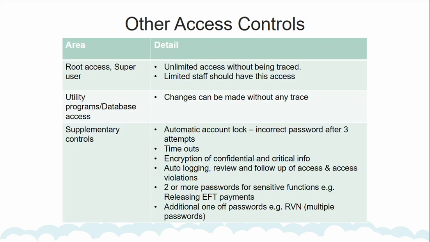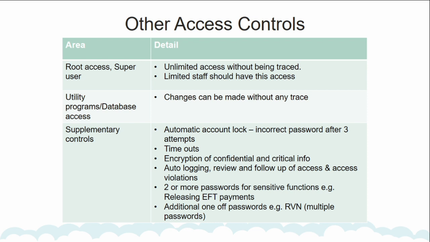Other controls that we can use, for example, root access or super user access. This should be limited to only people that require the function. So maybe only senior managers in the entity. And I stress the word senior managers or directors in the entity should have super user access. And we should be able to track and log the usage of super user accesses.